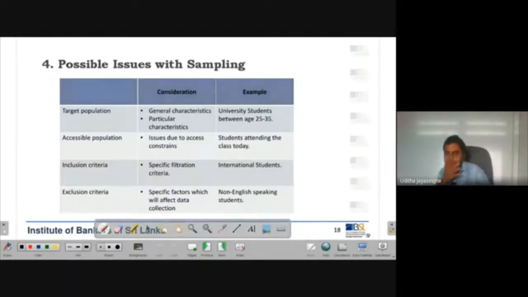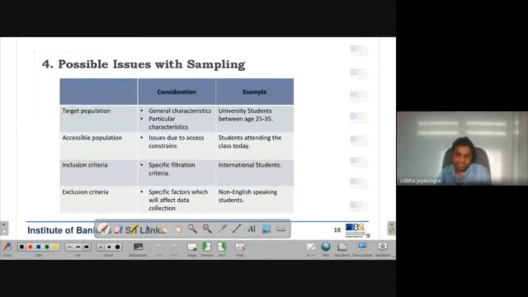Now see, why I put this slide as the possible issues with sampling is that there may be many other students between 25 to 35. There may be hundreds of students who attend the university but not on the day that I went. There may be many more international students, and many more non-English speaking students in the population also.